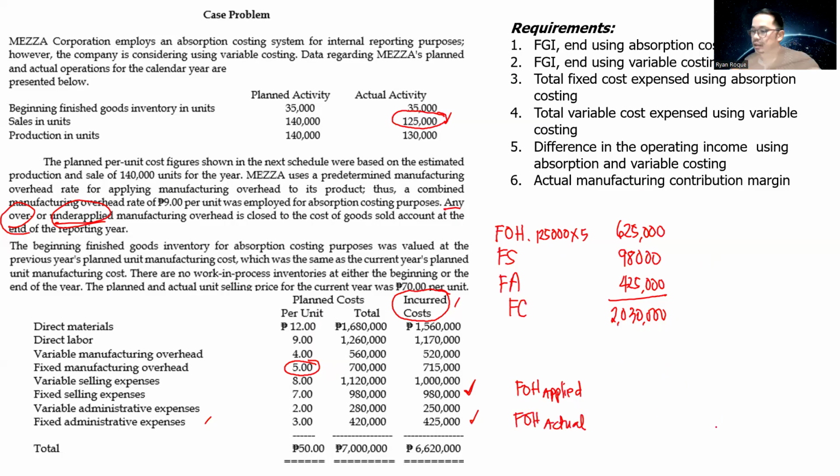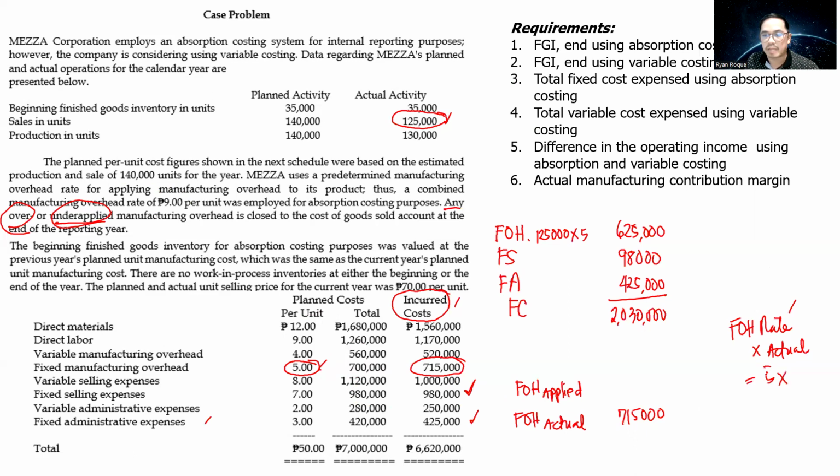The FOH actual here is actually given. It's the incurred cost of 715,000. And how much is the FOH applied? Remember, that is the OH rate multiplied by the actual level of activity. The FOH rate is 5.